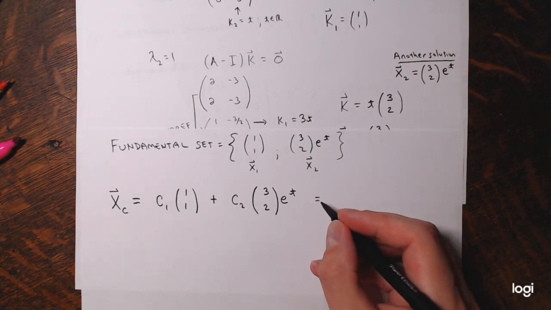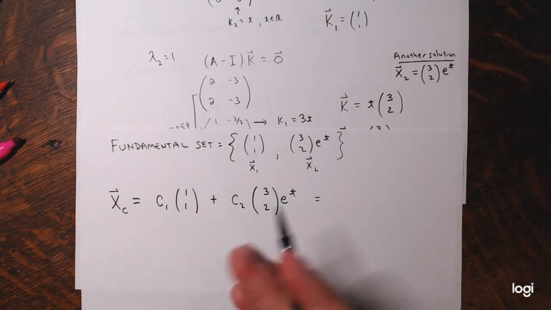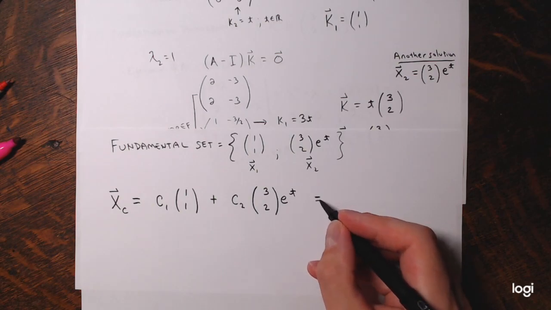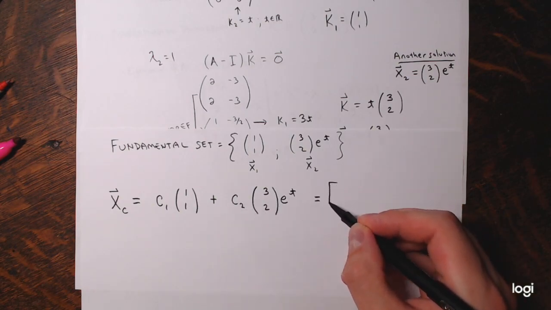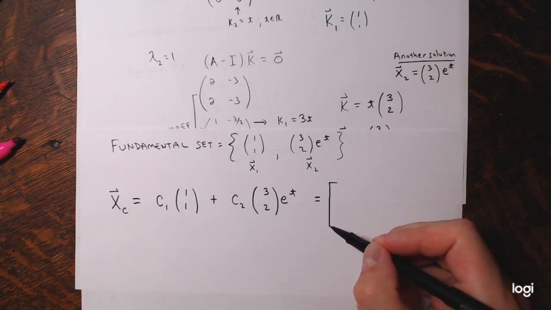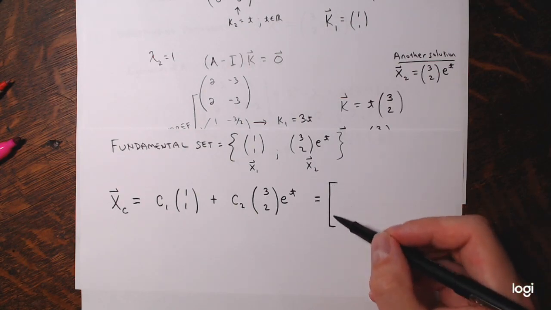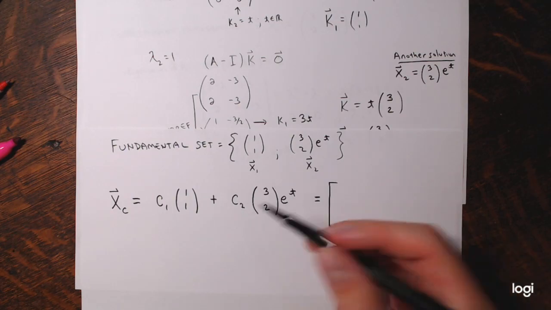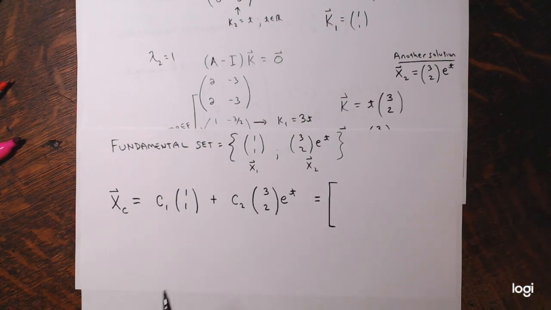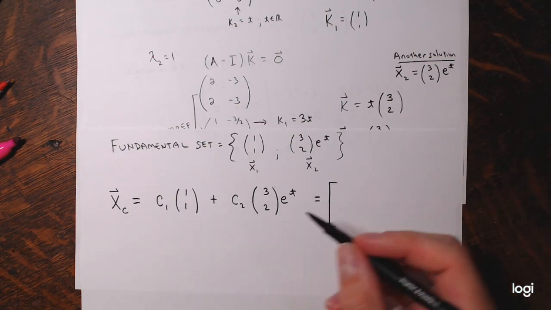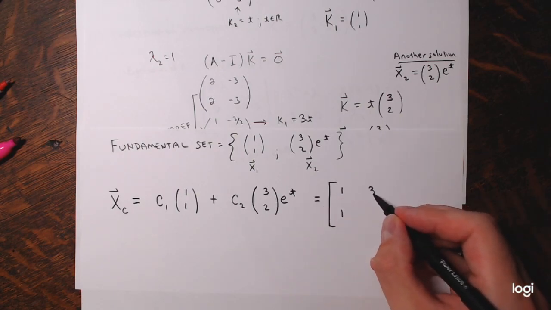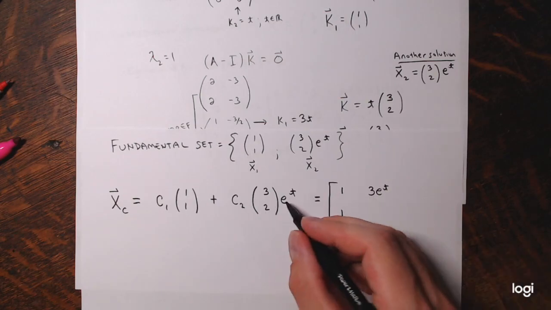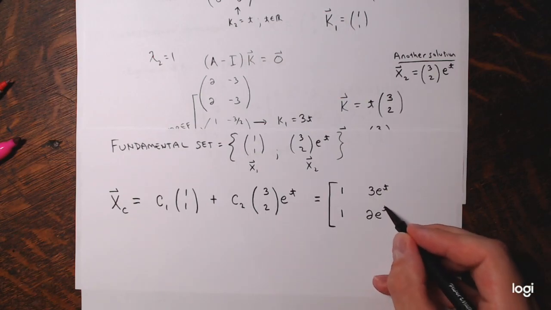Again, as I mentioned about 10 minutes ago when setting this up, you could write this as a matrix statement. Sometimes I have my matrix with square brackets or parentheses, it doesn't matter. Where this is 1, 1 down the first column, and then 3e to the t, 2e to the t down the second column.